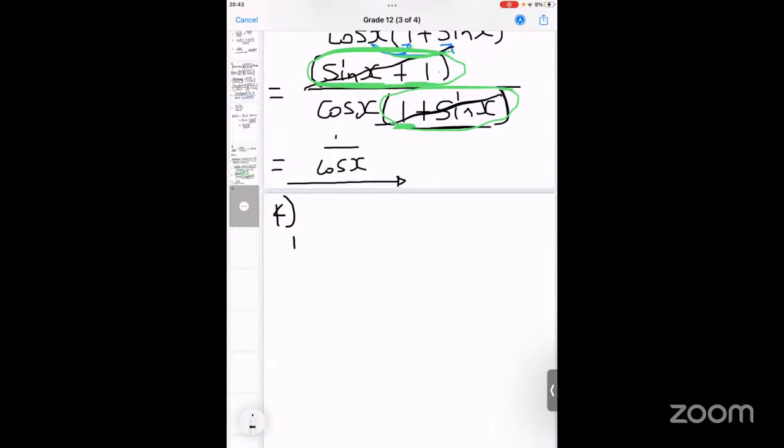We have 1 over tan x, plus x, which is equal to tan x over sine squared x.